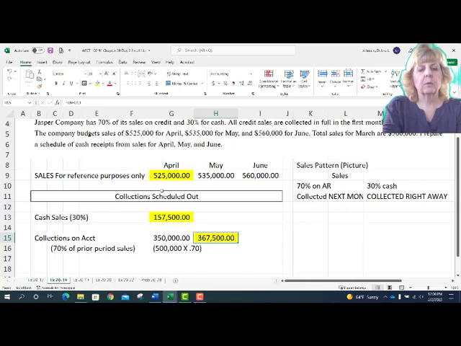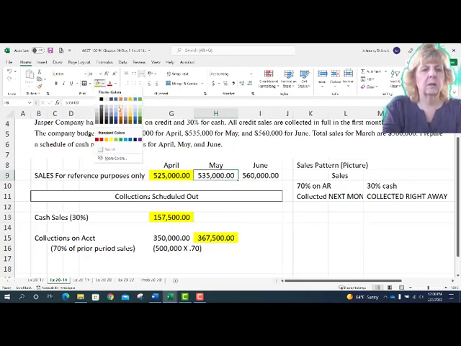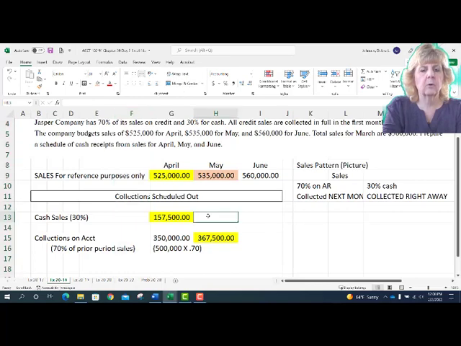Okay, so we have April down, and I would encourage you, as you're learning how to do this schedule of cash receipts, to use some color with highlighter pens or something, and always double check to make sure that the sum of these yellow boxes add back to the sales. Okay, that brings us to May. Let me change the color so you can see the step down approach that I keep referring to.